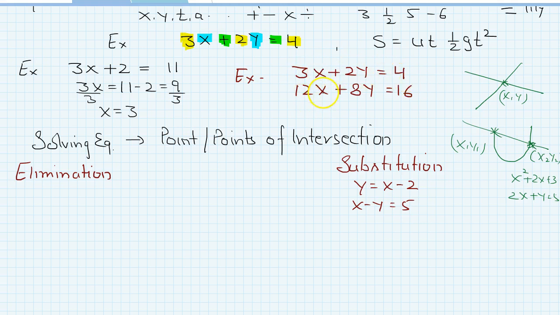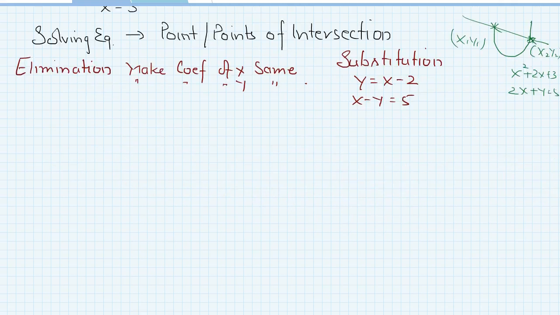It is difficult to substitute it here. So here we use the method of elimination. Method of elimination means make the coefficient of x the same or make the coefficient of y the same.